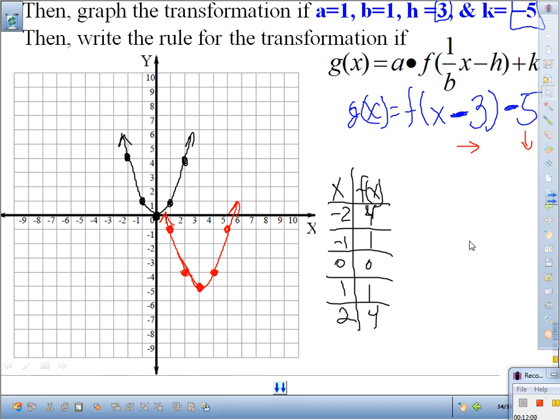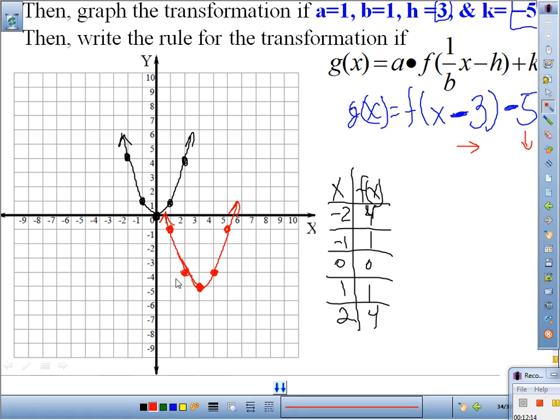You guys remember that? So this one has a minimum, which is the lowest point. Is that correct? This is the minimum point. Does everybody agree with that? This is also known as the vertex. You guys remember that? Yeah? What's my coordinate for that point? It's 3, -5.